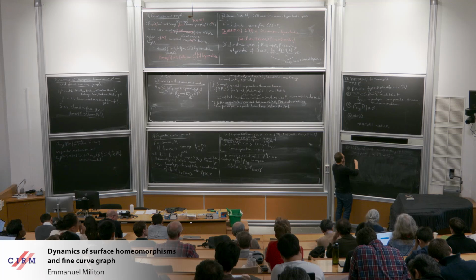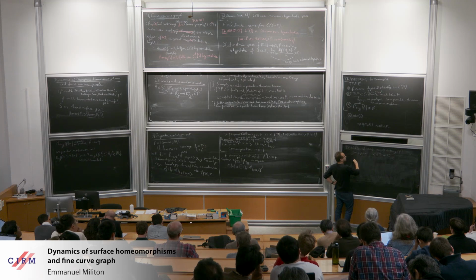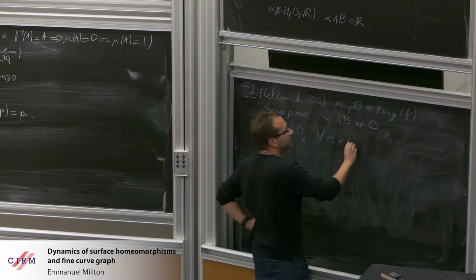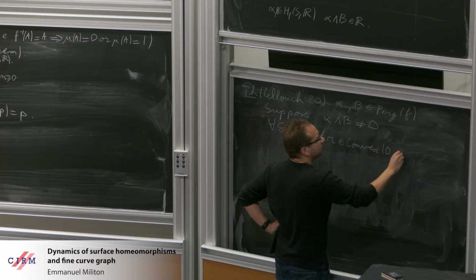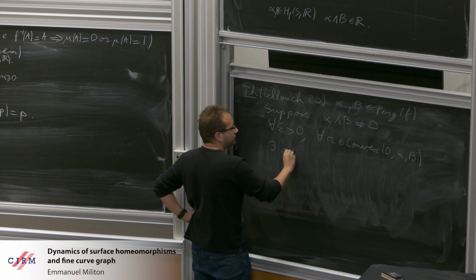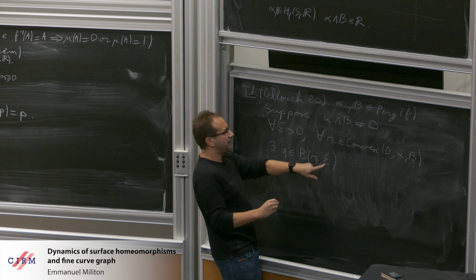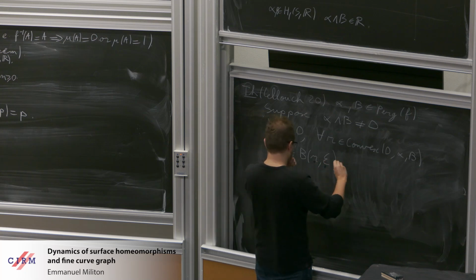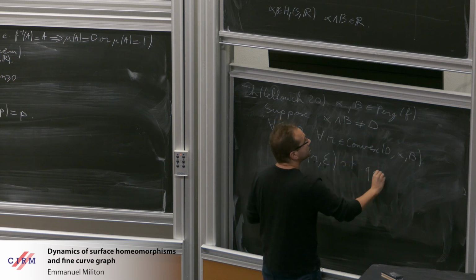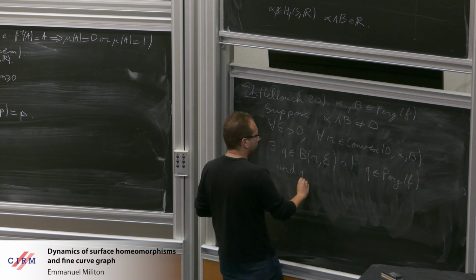Namely, for any epsilon and for any vector R in the convex hull of 0, alpha, and beta, there exists a vector Q in the intersection of the ball of center R and radius epsilon, such that Q belongs to the ergodic rotation set, and Q is realized by a periodic orbit.